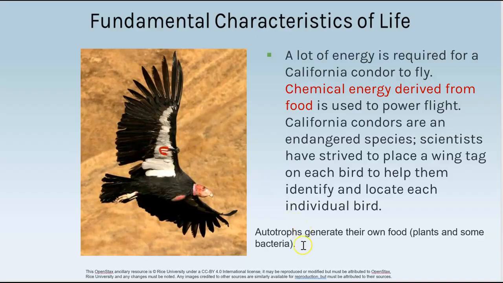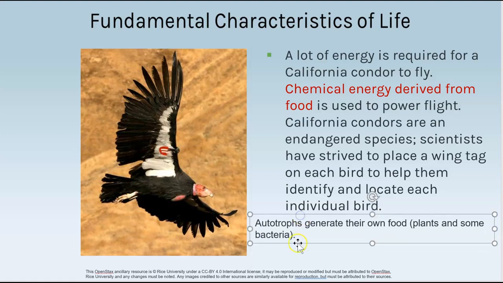But sugar is a form of energy that is very rapidly dispersed in the body. So autotrophs are the organisms that make their own food. Auto meaning self.